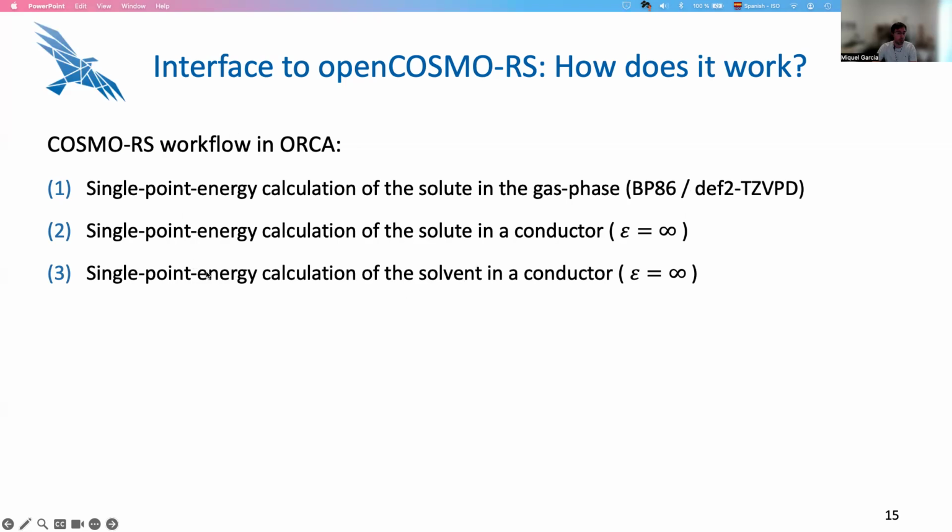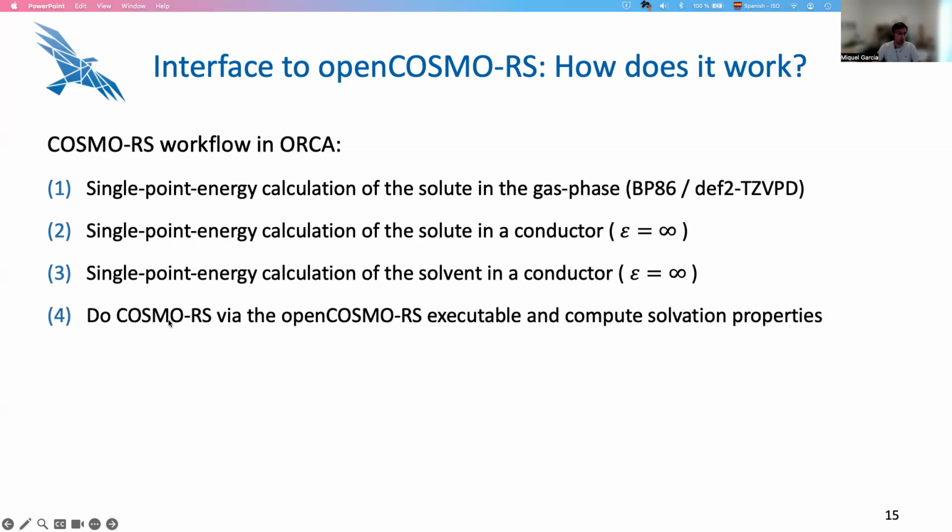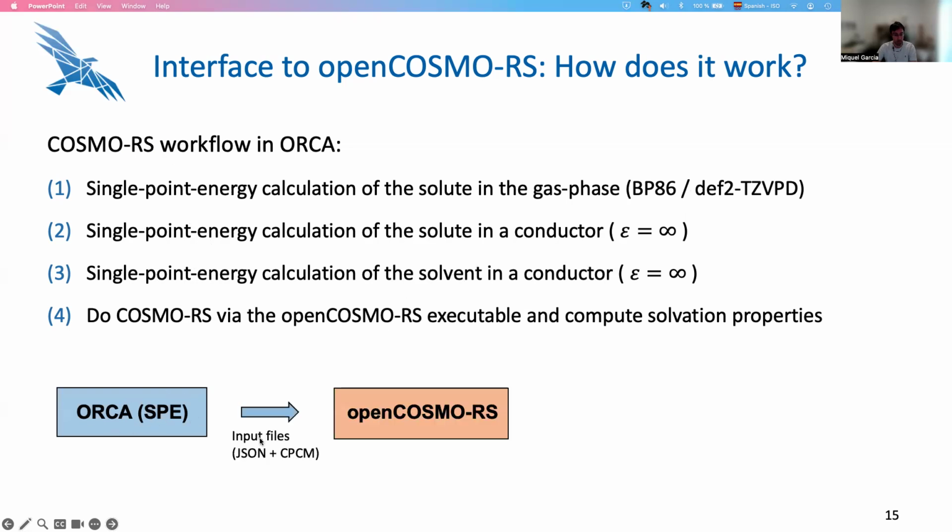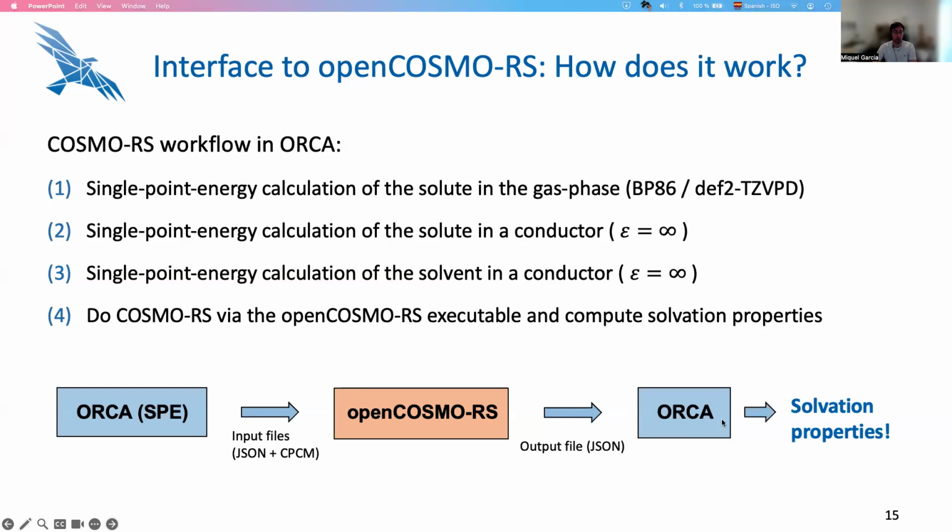After that, information from these three steps is gathered, and ORCA would call the COSMO executable, the OpenCosmo-RS, and solvation properties would be computed. So this is the workflow, where ORCA runs single-point energy calculations, produces some output files that are processed as input by OpenCosmo-RS. OpenCosmo-RS does the same, produces some output, which is internally processed by ORCA to print some solvation properties.